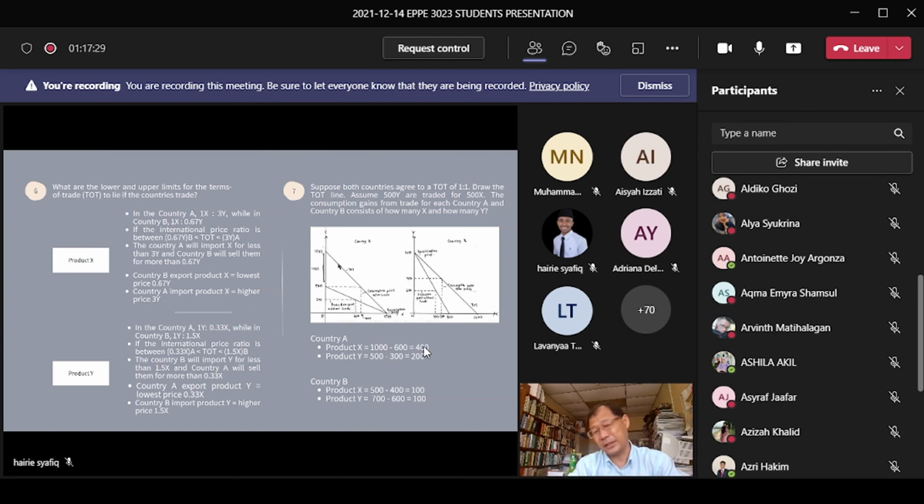TOT is that one, the trading line. You're correct. TOT is the price of your export divided, or in other way saying relative to your price of import.